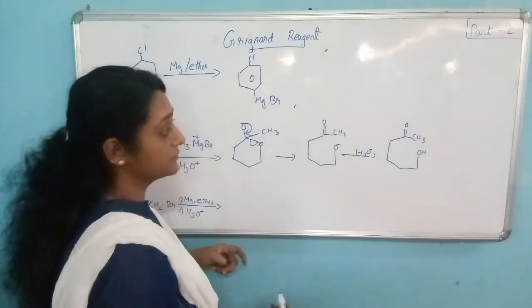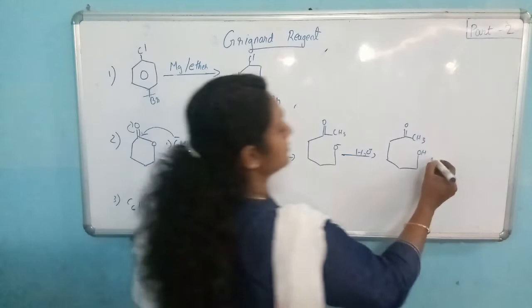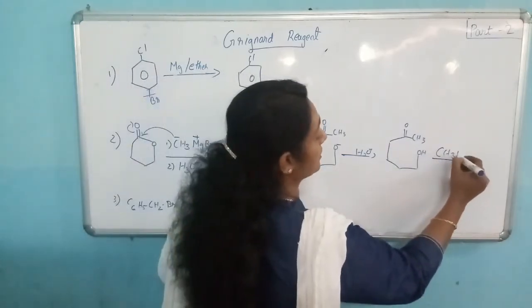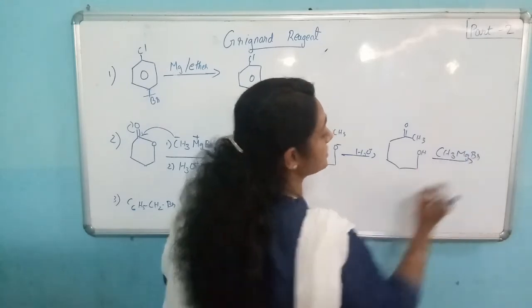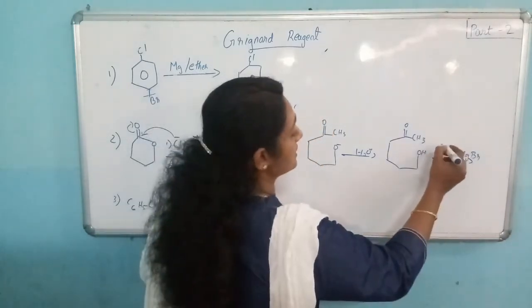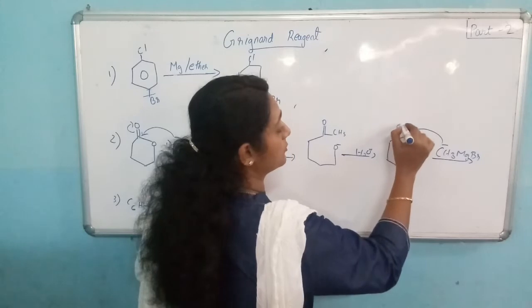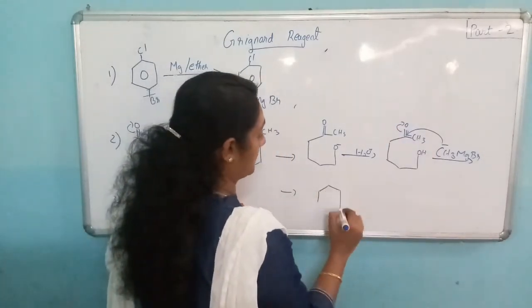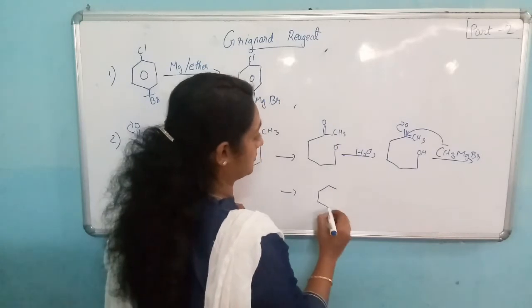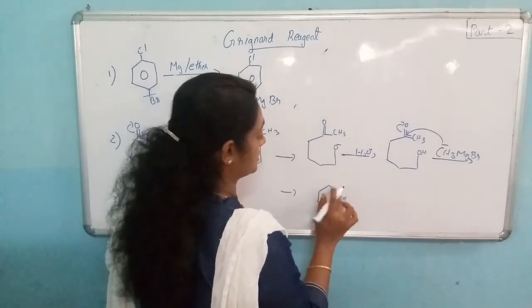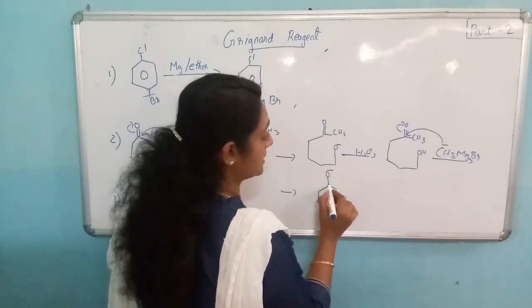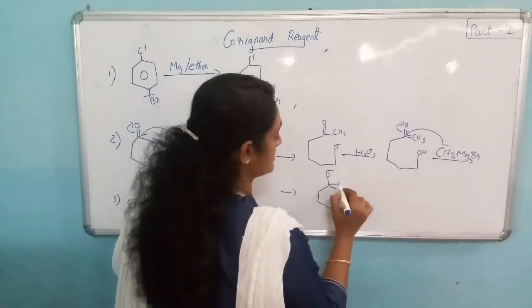It is highly reactive, and again reacts with the Grignard reagent. We get CH3 reacting with MgBr, CH3MgBr. The CH3 attacks the carbon, the bond shifts to oxygen, and the product will be here OH, O minus, this is CH3 and this CH3.